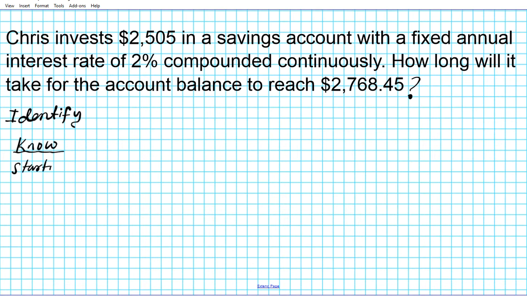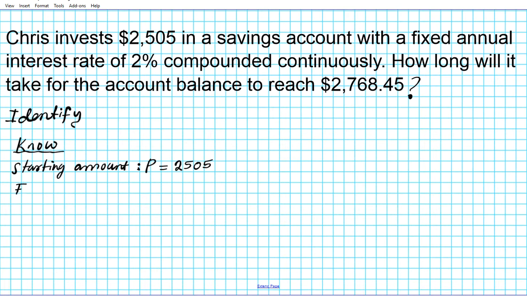The starting amount that Chris has can be represented by the variable p, which stands for principal. Okay, so the principal is $2,505. We also know the final amount that Chris will have in her savings account.